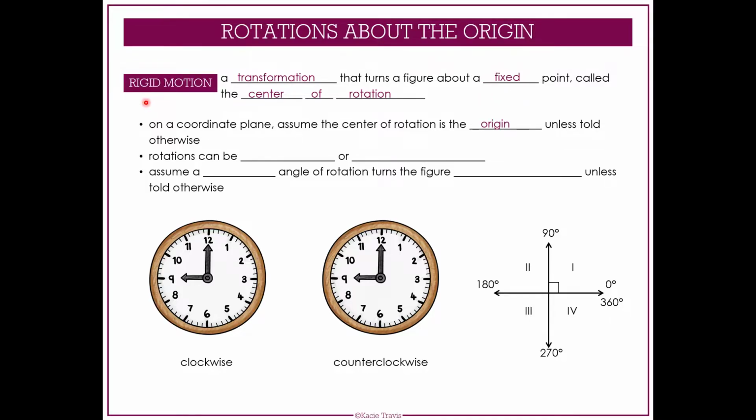So, on a coordinate plane, we're going to assume our center of rotation, the point that we're rotating around, is the origin, unless told otherwise. We're not going to deal with the other centers because that involves more supplies and time than we currently have. Now, rotations can be clockwise or counterclockwise.